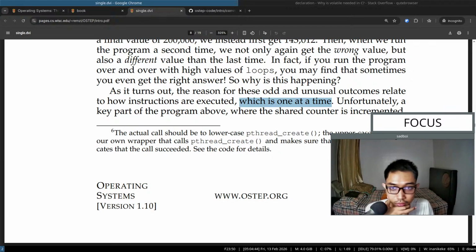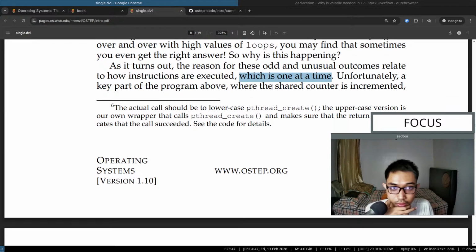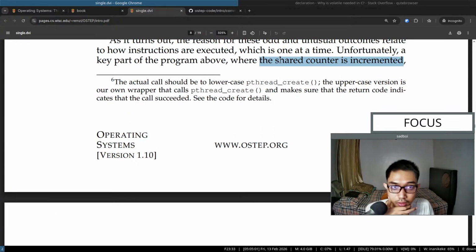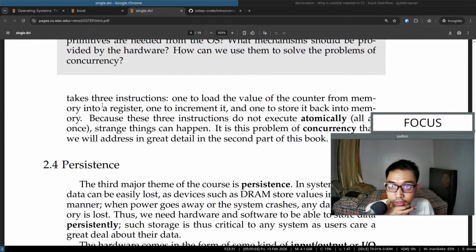Unfortunately, a key part of the program above, where the shared counter is incremented, takes 3 instructions. One to load the value of the counter from memory into a register, one to increment it, and one to store it back into memory.